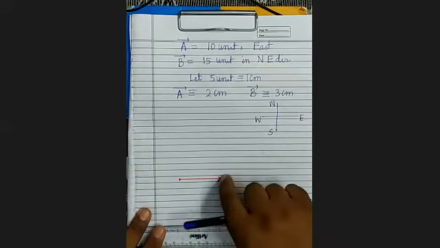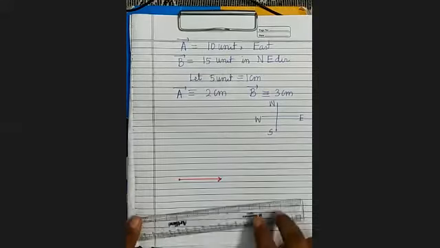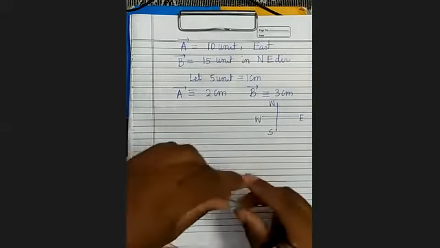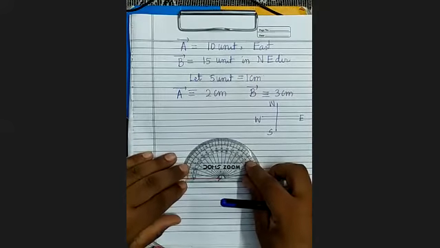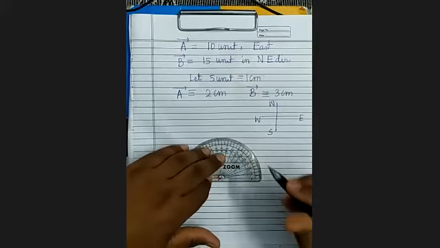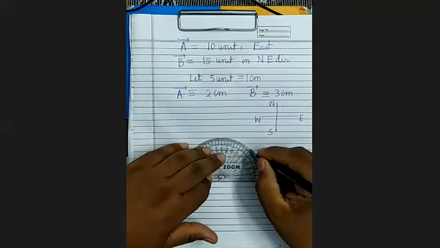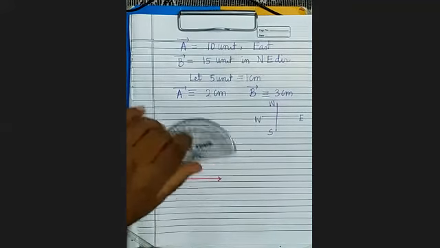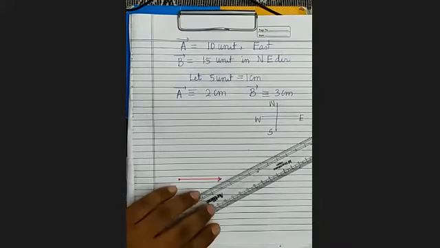So what will be northeast? It will be exactly midway. Midway means making 45-degree angle. So now in this direction you draw a line segment of 3 unit length.